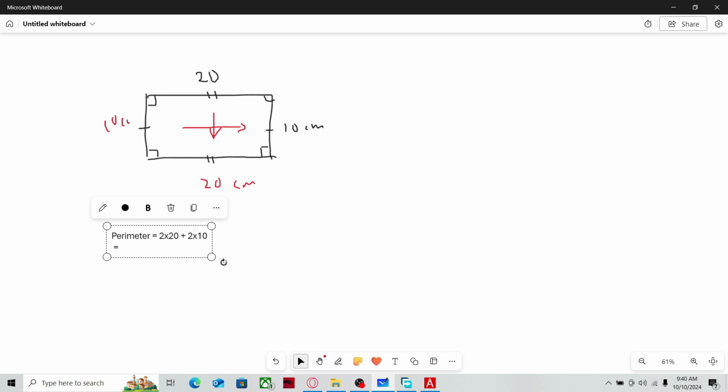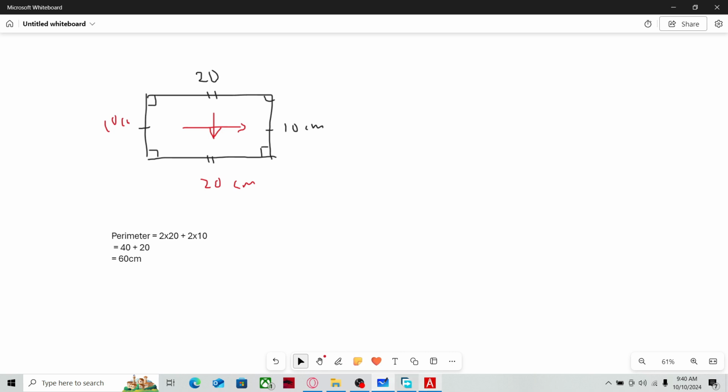And what's the answer? That would be 40 plus 20. The answer is 60 centimeters. Or you can do it the old-fashioned way, that is length plus breadth. You'll still get the same answer.